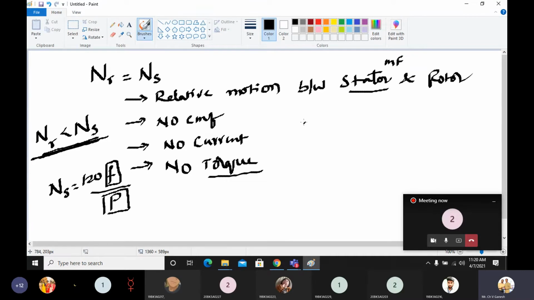And what is the formula for slip? Slip is equal to the difference between synchronous speed and rotor speed, with respect to synchronous speed. If it is a percentage, multiply by 100. What is slip speed?